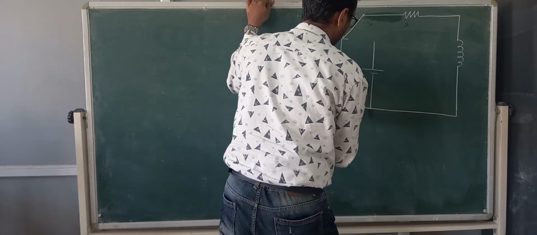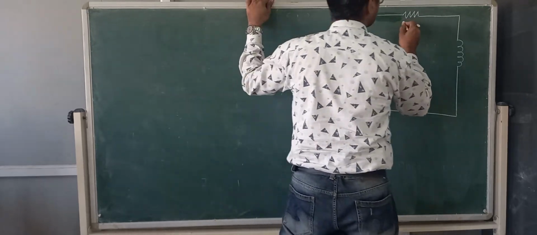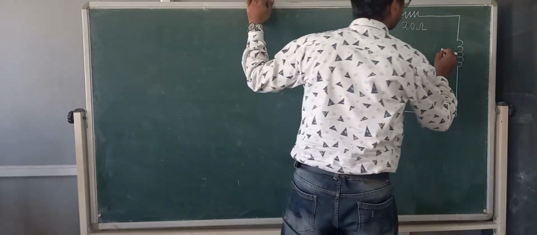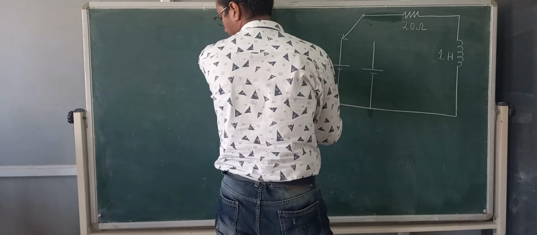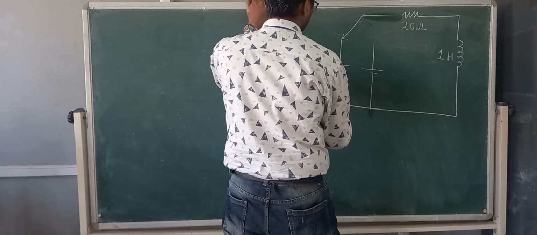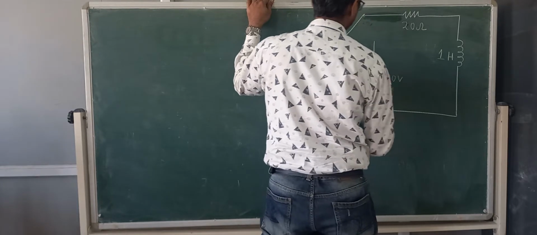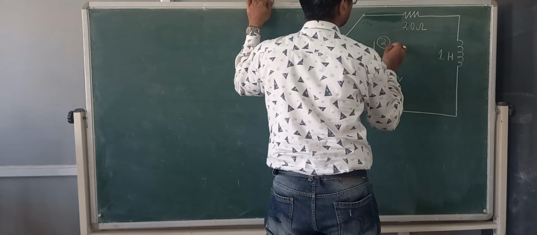Suppose this value of resistance is 20 ohm, and this value of resistance is 1 ohm. The value of this voltage source is 50 volt, and the value of the other voltage source is 100 volt. Suppose this is position 1, this is position 2.